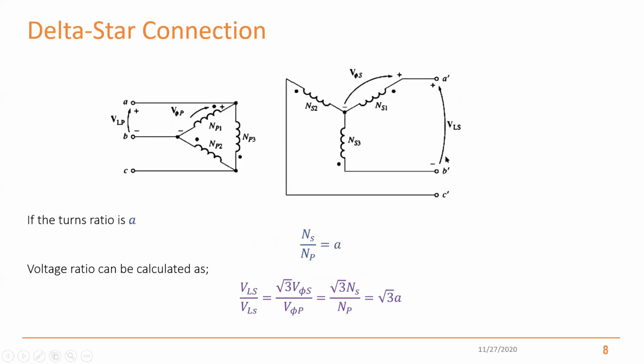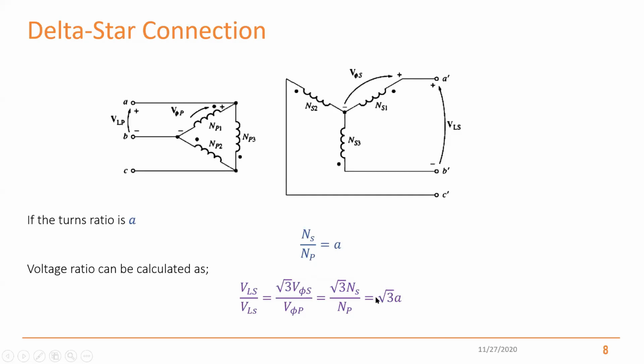Then the next one is the delta star connection. Again it is now the other way around. Here the primary voltage is the same as the line voltage, whereas the secondary is star, therefore the base voltage is the line to line voltage divided by √3. So √3 times the base voltage is the line to line voltage.